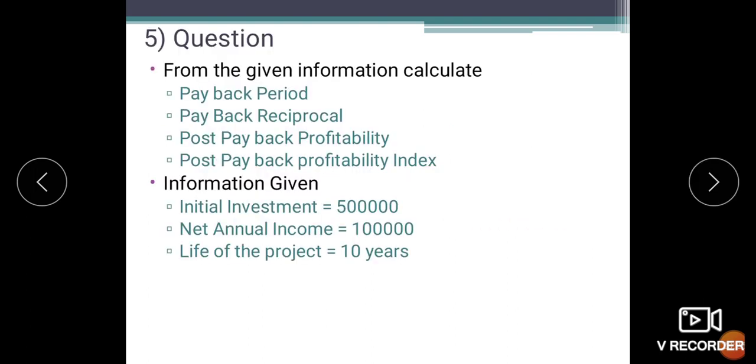Now let's see a problem. From the given information, calculate payback period, payback reciprocal, post payback profitability, and post payback profitability index. Initial investment is 5 lakh, annual income is 1 lakh, life of the project is 10 years. So the cash inflows are equal.